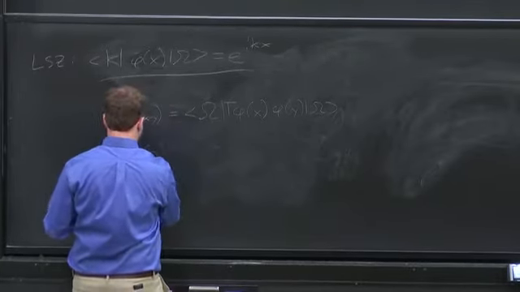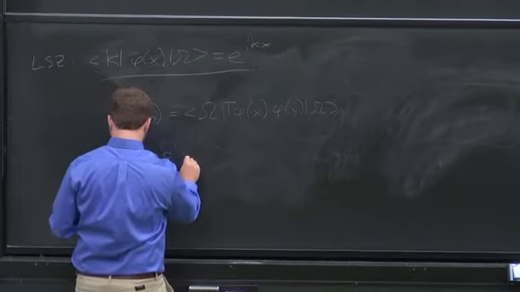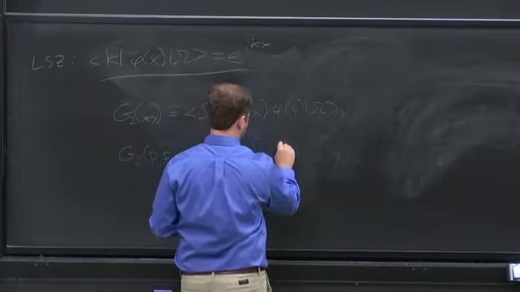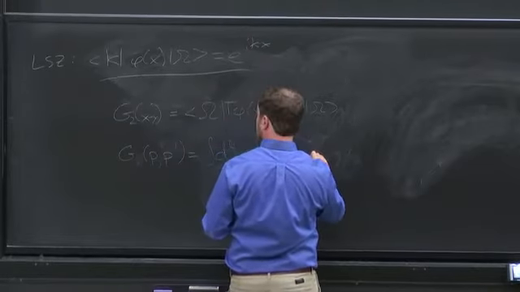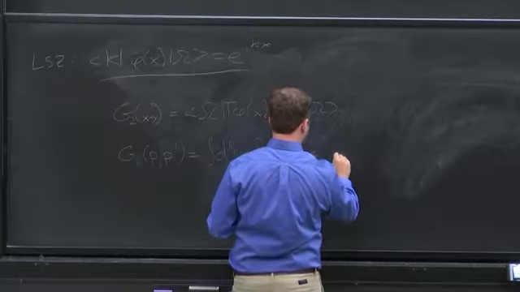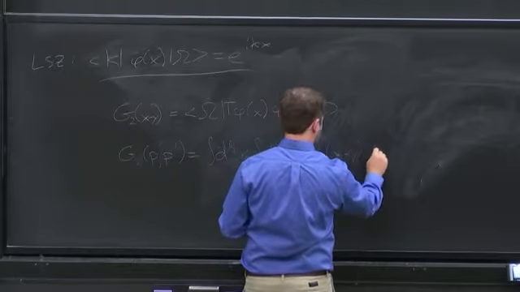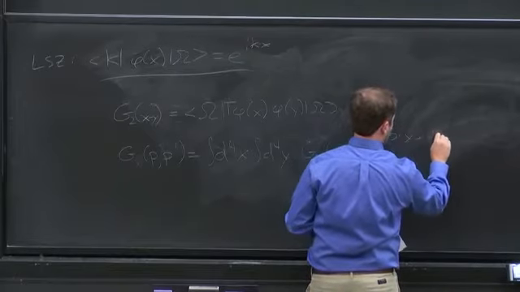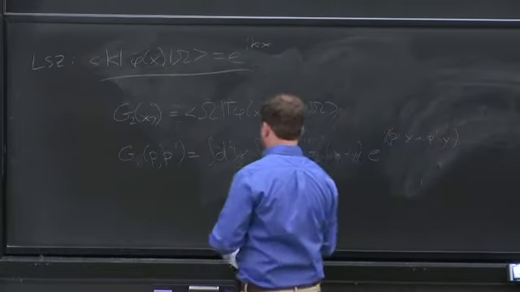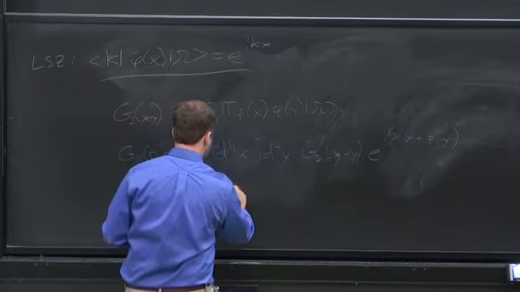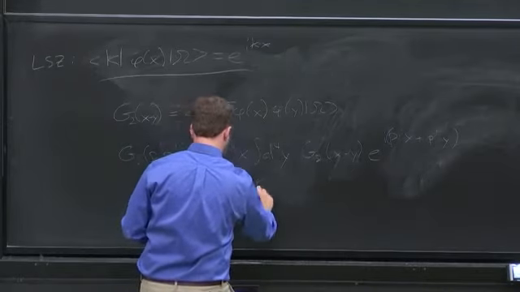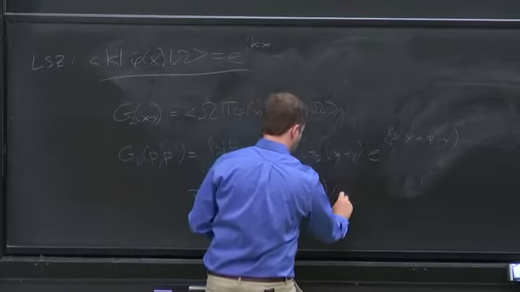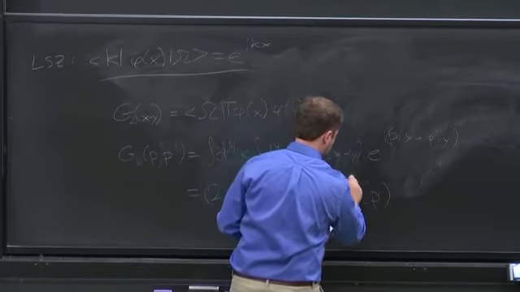We can do two things. We can write this as G2 of p and p prime. So you just take a Fourier transform with respect to x and y of G2 of x minus y. But we can also write this as just a delta function times some G2 of p.